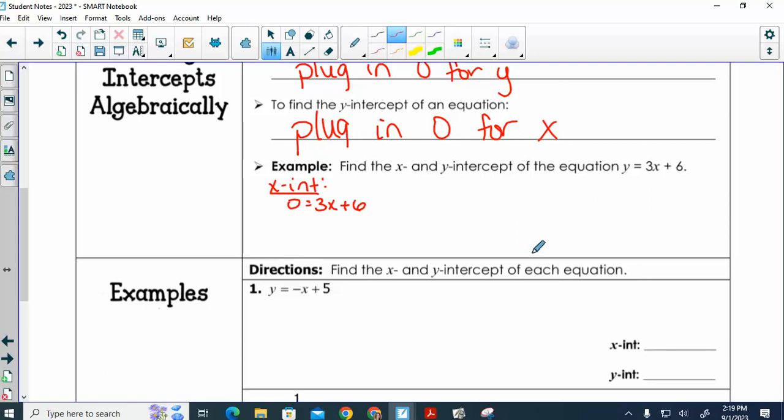And I'm trying to solve for x. So what would I do to get x by itself? Okay, subtract 6. Divide by 3. And we get x to be negative 2. If I wanted that as an ordered pair, the x is negative 2. What was the y equal to? 0.